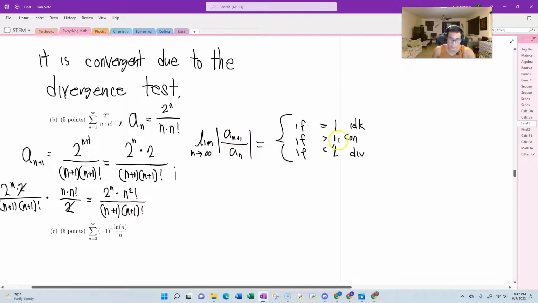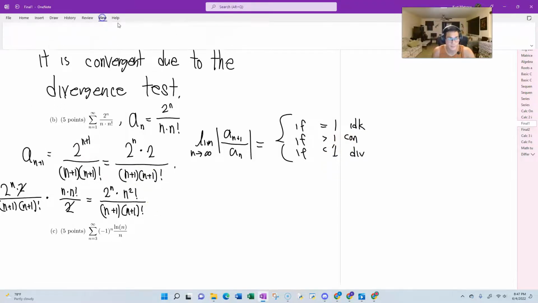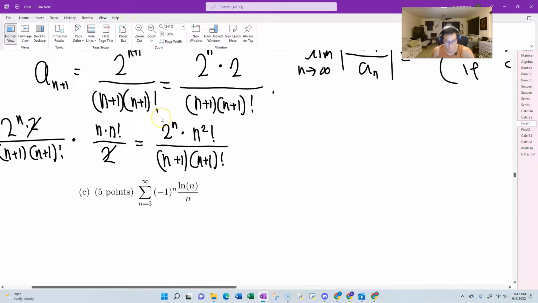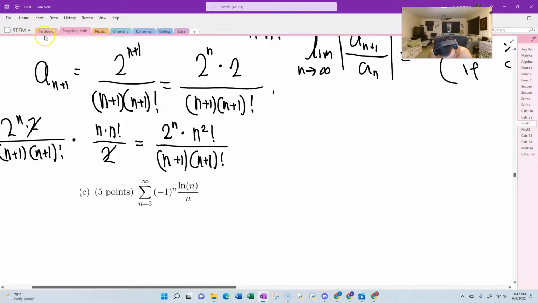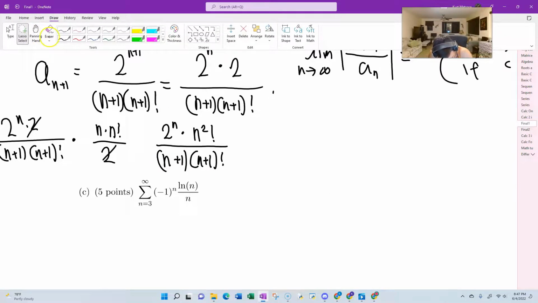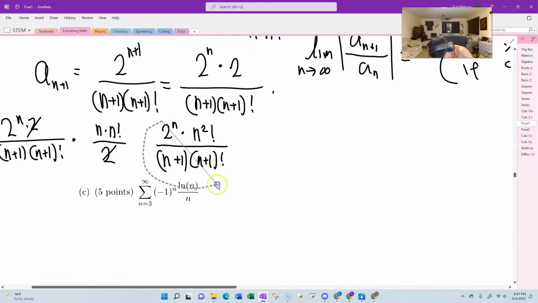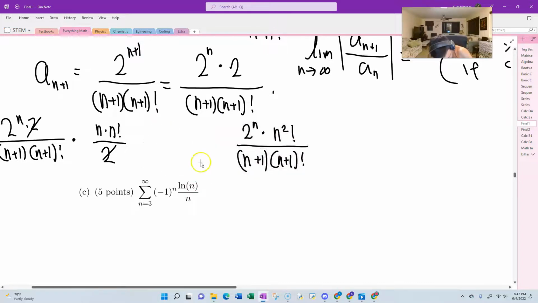Is this going to be equal to 1, greater than 1, or less than 1? So if we take this limit, I'm going to grab this guy over here, drag him a little bit. Now if we take the limit, n goes to infinity, what do we see?